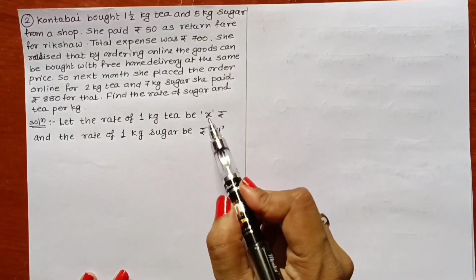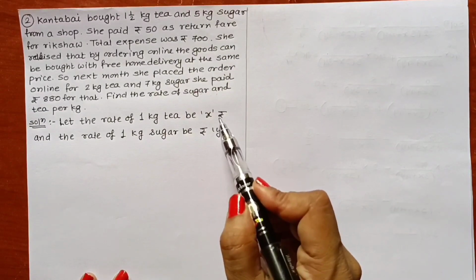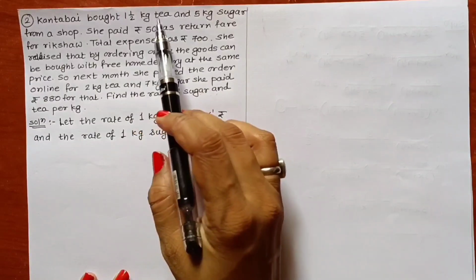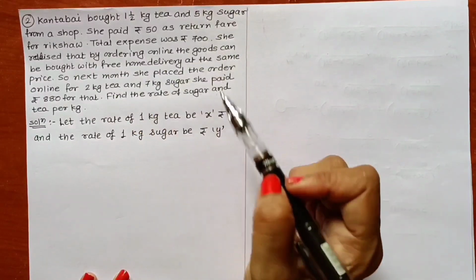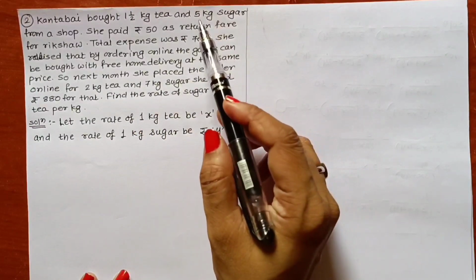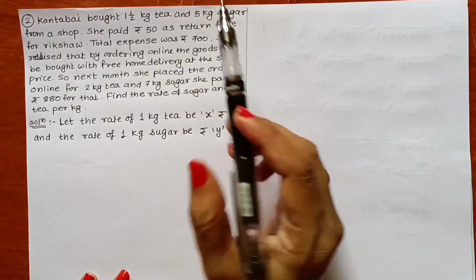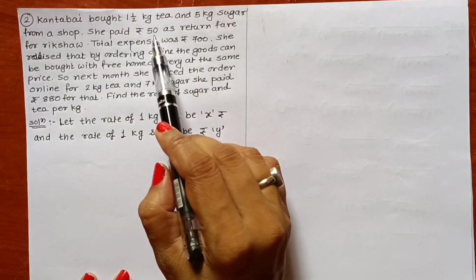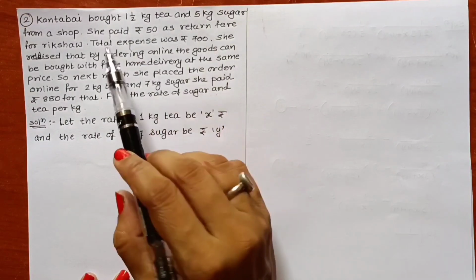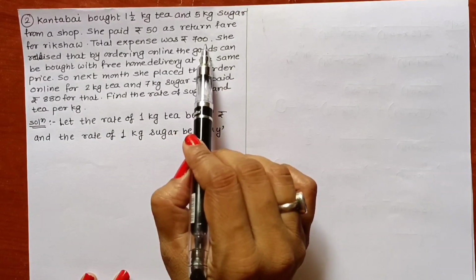Similarly, if we have taken x and y as the variable for 1 kg, so 1.5 kg tea will be 1.5 kg multiplied by x, and 5 kg sugar cost will be 5 kg multiplied by y. And then we will have to add this 50 rupees also for the fare of rickshaw. So total expense will be 700.